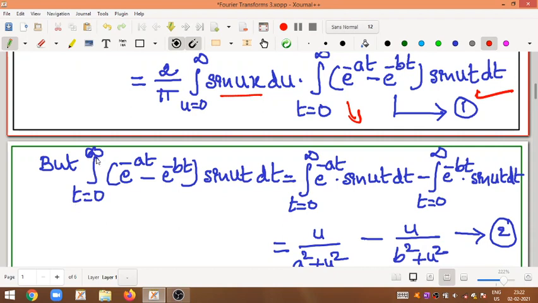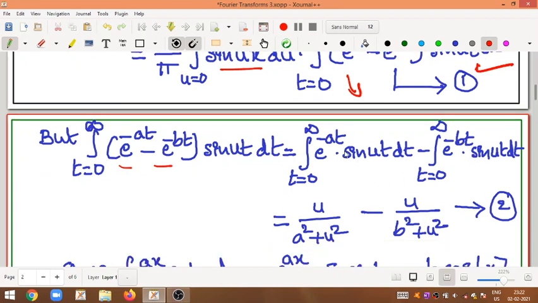Integral t is equal to 0 to infinity of e power minus at minus e power minus bt into sine ut dt is equal to this: we split it into two terms, integral t is equal to 0 to infinity e power minus at into sine ut dt minus integral t is equal to 0 to infinity e power minus bt into sine ut dt. You all know this one: the integral 0 to infinity of e power minus at sine ut dt has the value u by a square plus u square, and the other has the value u by b square plus u square.